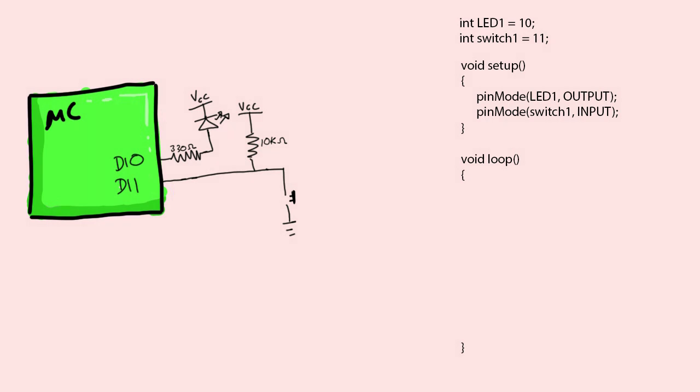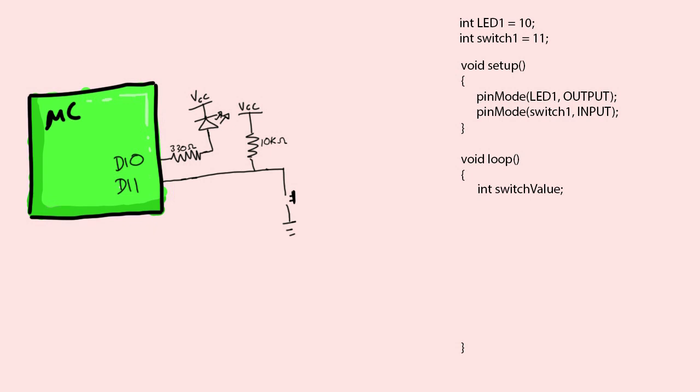The next thing I'm going to do is create a variable, and I've called this variable switchValue. I've created this variable to store the state of the switch, so if it's opened or closed, i.e. high or low.